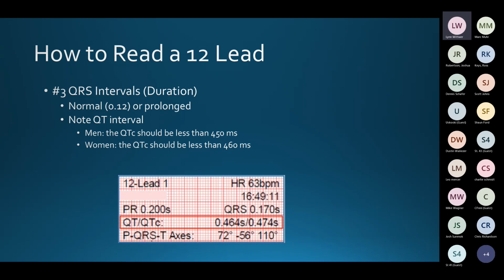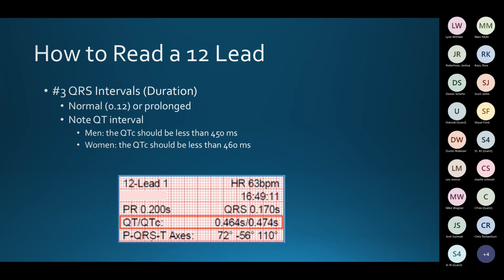It reads the QT for you. The QTc for men should be less than 450. That's all you have to remember. And for women, the QTc should be less than 460. And that's, again, all you have to remember. It's a normal QTc if it's under.